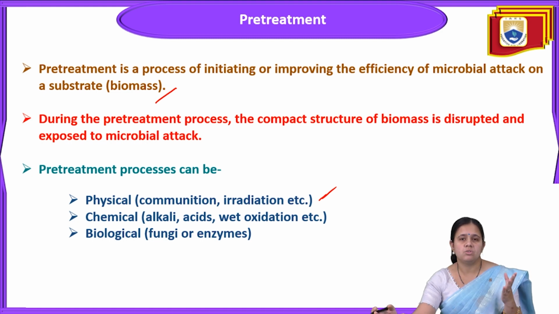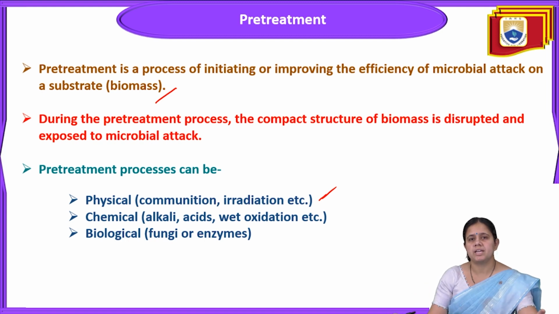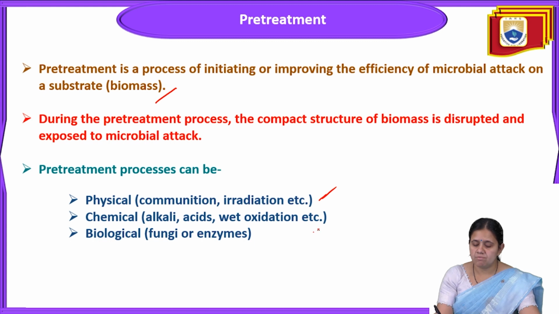Lignocellulose is compacted and formed in a layer, and that layer may be broken down with the irradiation process, or sometimes by a chemical process. The chemical process involves alkali treatment, acid treatment, or wet oxidation treatment.